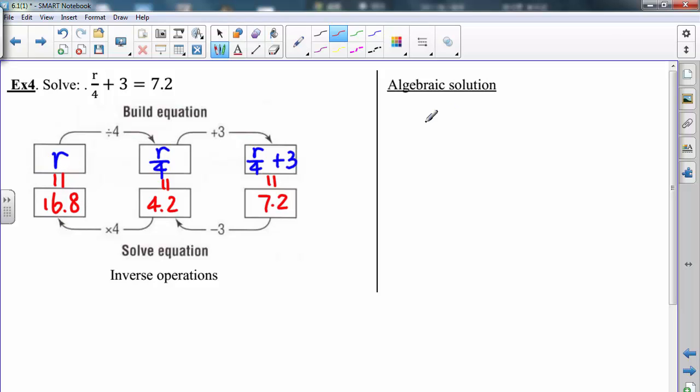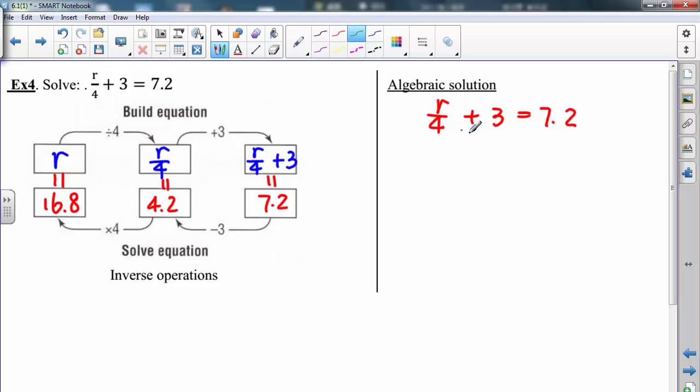Let's summarize the operation here and use this method to solve this equation, r divided by 4 plus 3 equals 7.2 algebraically. The first step is not for dividing.